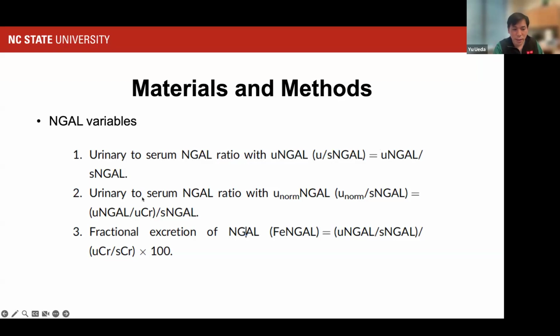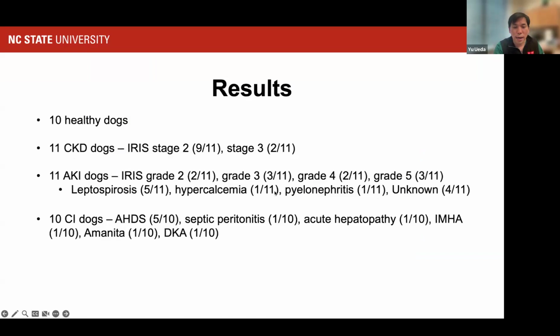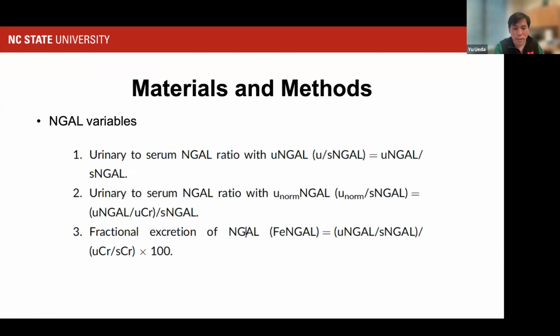They also normalized urinary NGAL concentration to urinary creatinine concentration. They also looked at the fractional excretion of NGAL by measuring the NGAL concentration and creatinine concentration in both serum and urine.